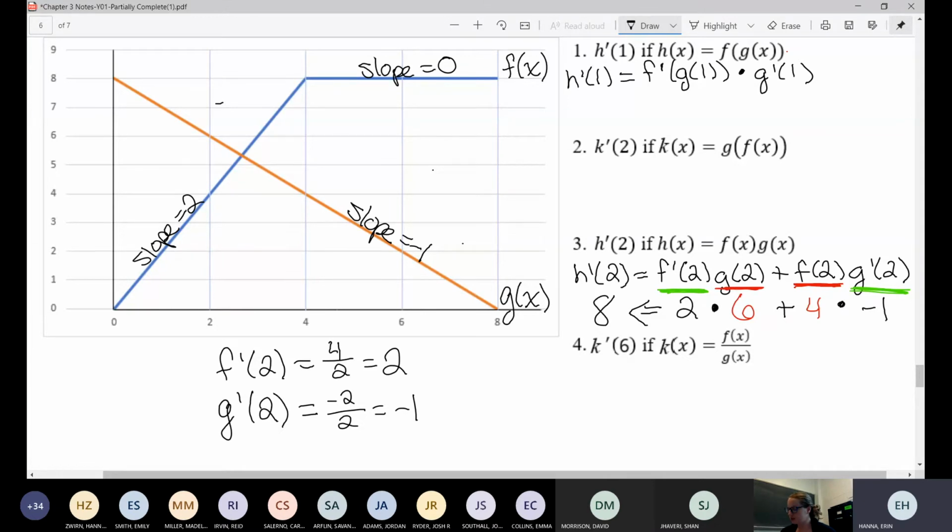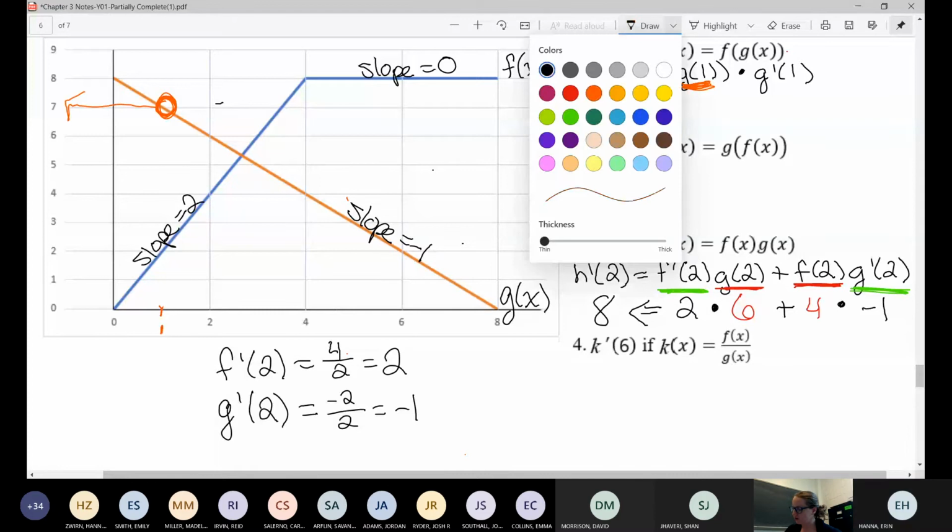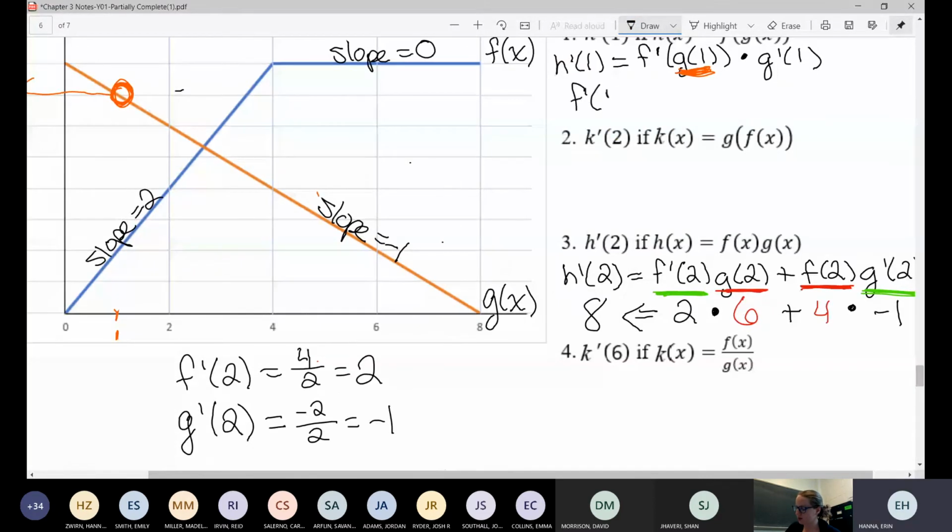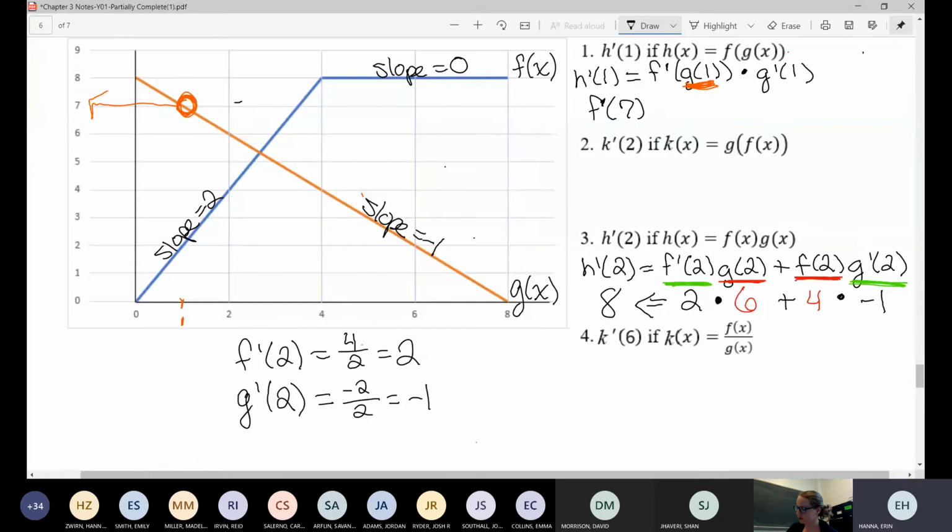So composition, always work inside out. I need g of 1 first. 1's approximately here, so on our function g, that would be up here. What is our y value? It's 7. So we would have f prime of 7 times g prime of 1.